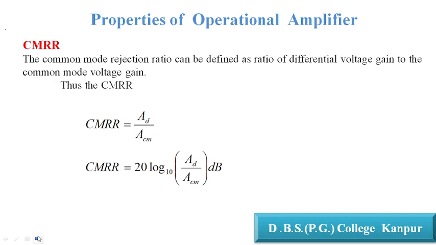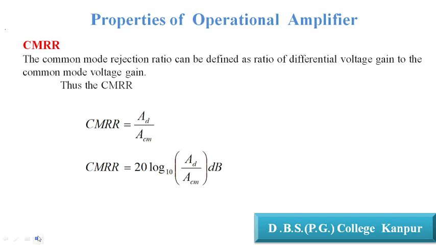CMRR is a very important property. Its full form is common mode rejection ratio. In every university and every competitive examination, as well as academic exams, this is a very favorite topic, the common mode rejection ratio. That is also a very important property for the operational amplifier.